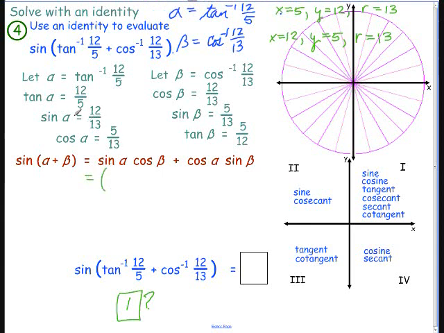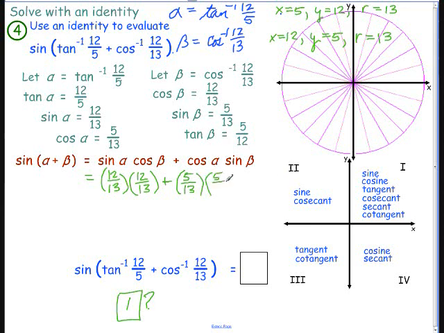The sine of alpha is 12/13. The cosine of beta is 12/13 plus the cosine of alpha, which is 5/13, and the sine of beta, which is 5/13.